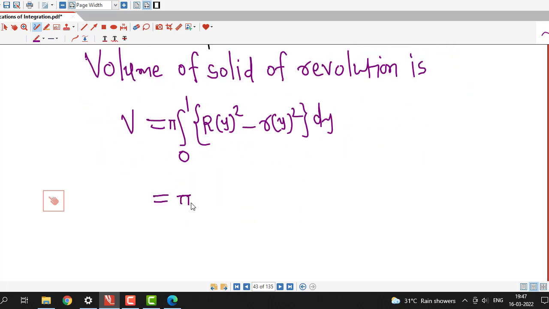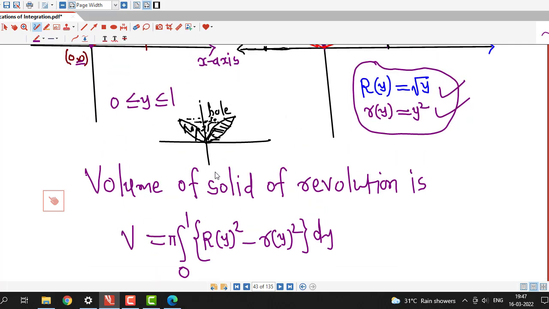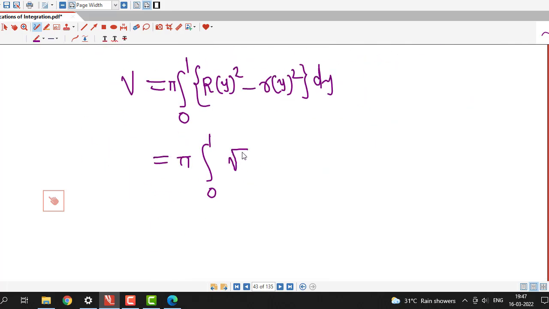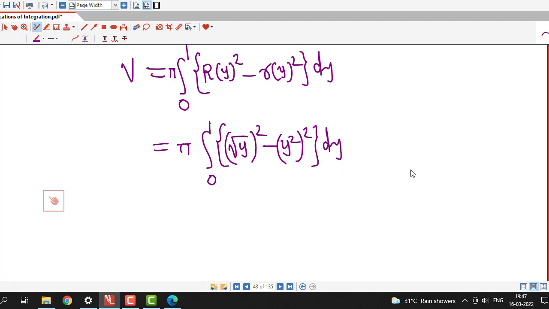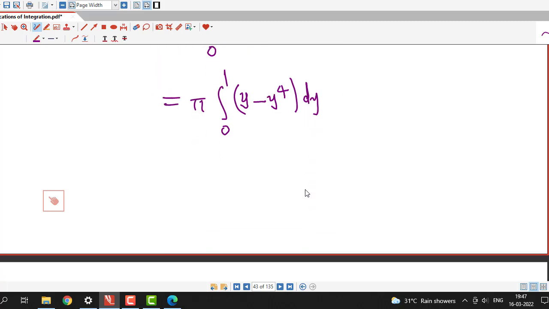Now we put in the values of the outer and inner radius. The outer radius is square root of y, squared, minus the inner radius y square, squared, and the integral is with respect to y. Now we integrate this, but before that we simplify it. Square of square root of y is y, minus y raised to 4, integral with respect to y.